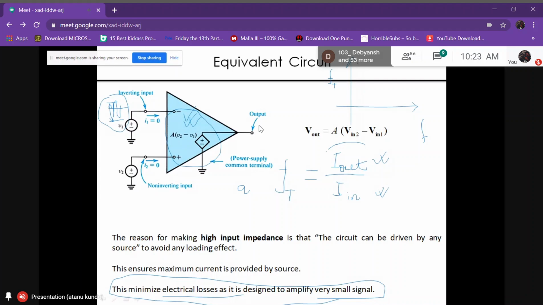When output current by input current equals A1 equals 1, that is considered the cutoff frequency. And for any particular device we want the cutoff frequency to be infinite, so that it can deal with signals of very high frequency. That is our desired thing.